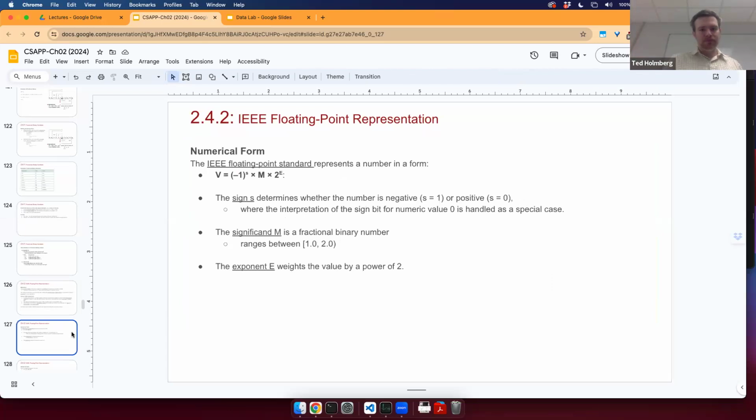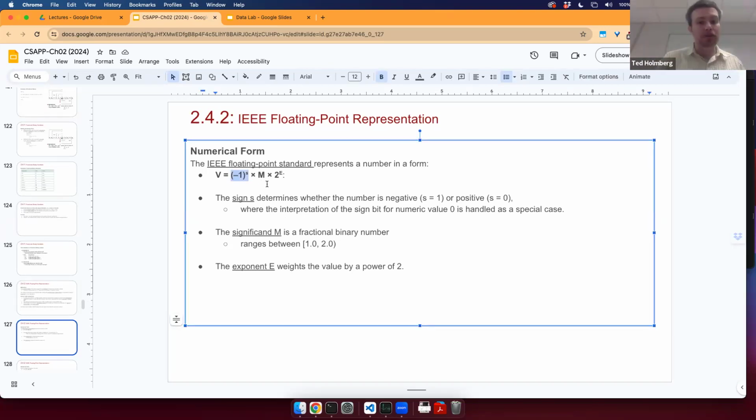So now we're going to redefine how we're going to represent our floating point values based off of this new IEEE function. So notice here, we're going to have -1 to the power of s. And s is going to be the sign: to determine whether the number is negative, s is 1, or positive, which is 0. So this is where the interpretation of the sign bit for the numeric value 0 is handled by our special case.